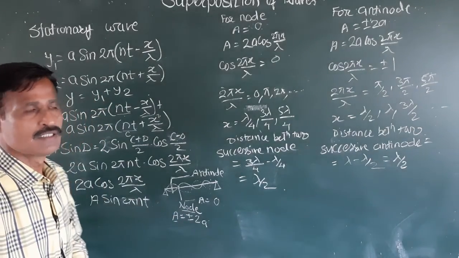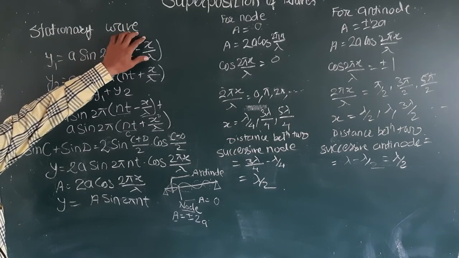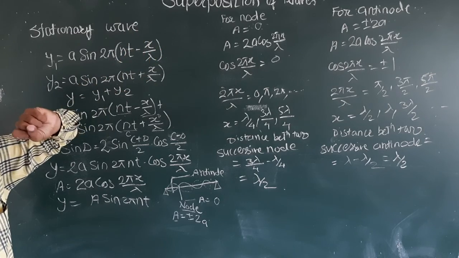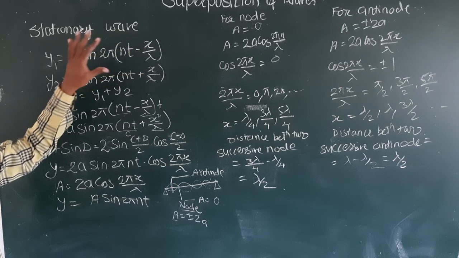twice a. Now consider two waves of the same amplitude and the same wavelength. They are traveling along a straight line but in opposite directions.